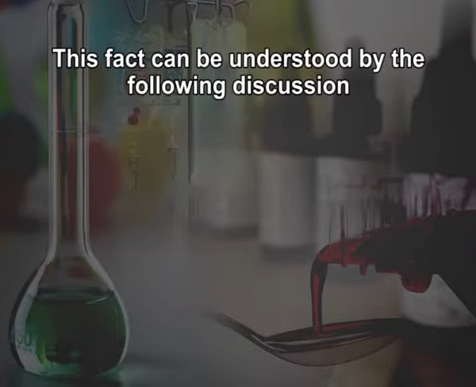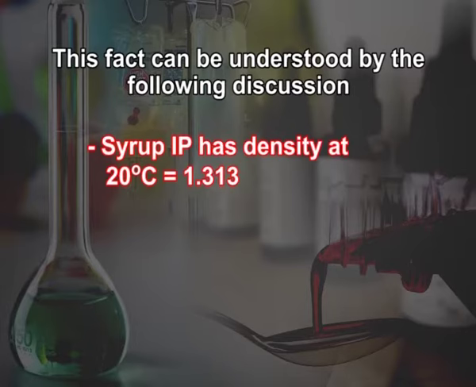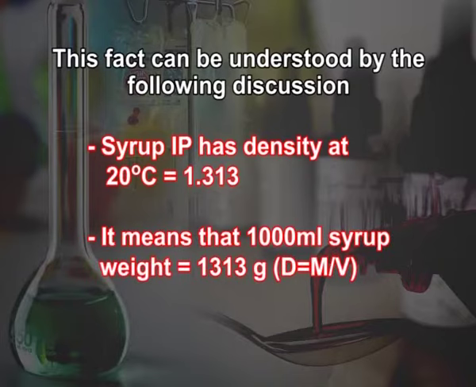This fact can be understood by the following discussion. Syrup IP has a density at 20 degrees centigrade of 1.313. It means that 1000 ml of syrup weighs 1313 gram.